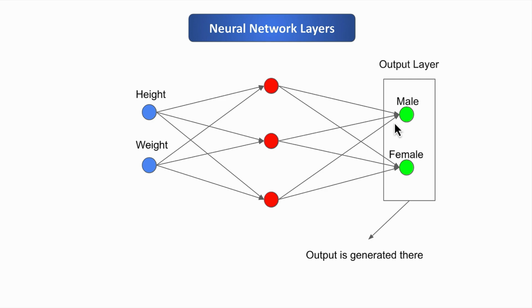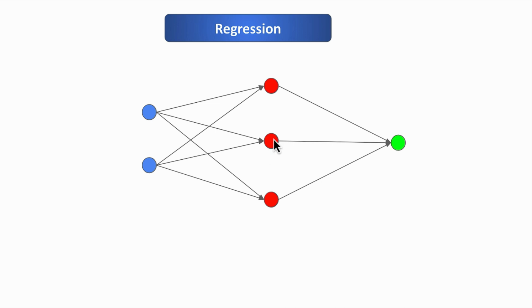Now in this example, we are predicting the gender of a person based upon his height and weight. So here our prediction will be either male or female. So it's a classification problem, and this neural network is representing the structure for a classification problem. And in case of regression, our neural network will look like this. Let's say we are training a model to predict the price of a house based upon the area and the number of rooms.